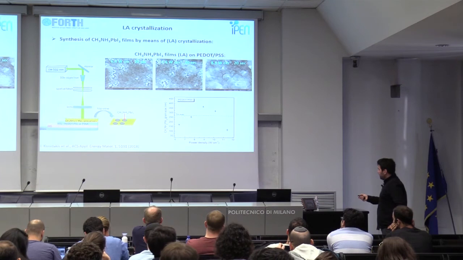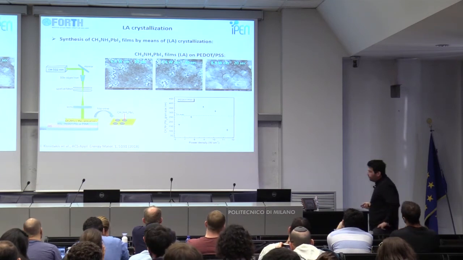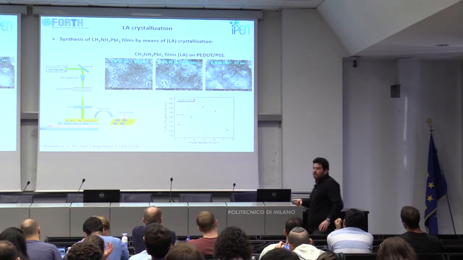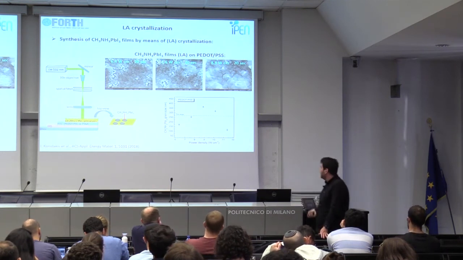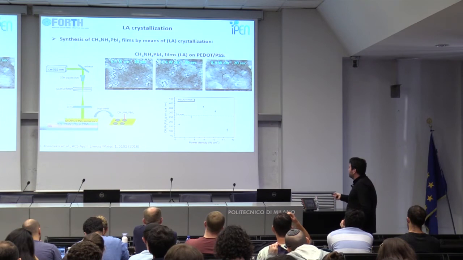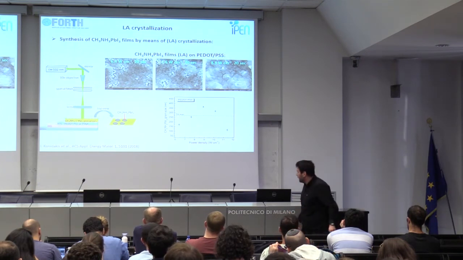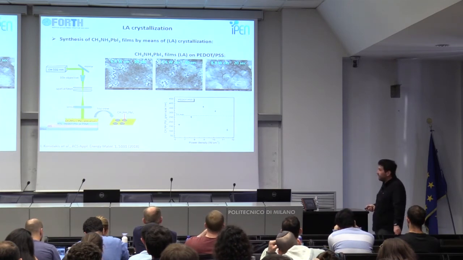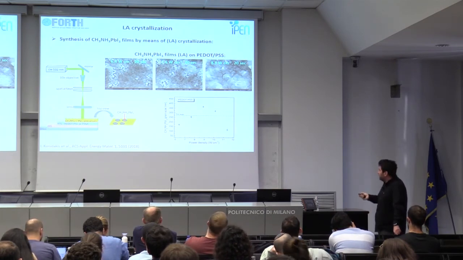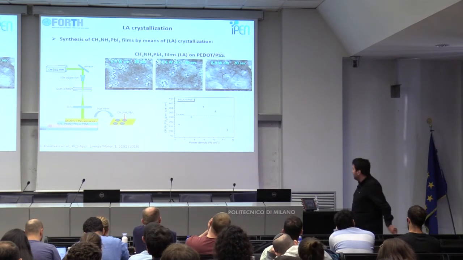So the dotted line here shows the best, let's say the biggest, grain that was achieved with thermal annealing, whereas with the laser-assisted crystallization, we were able to grow perovskite grains considerably larger and, as I said, a lot faster.